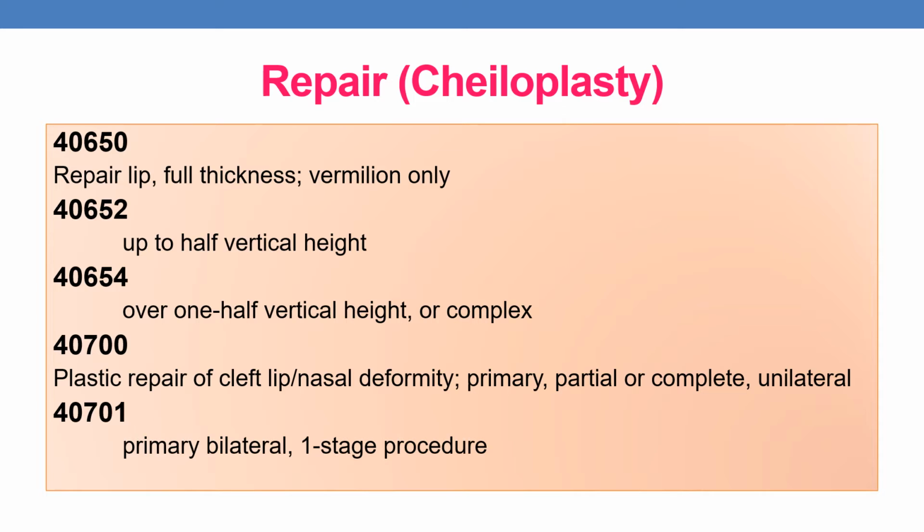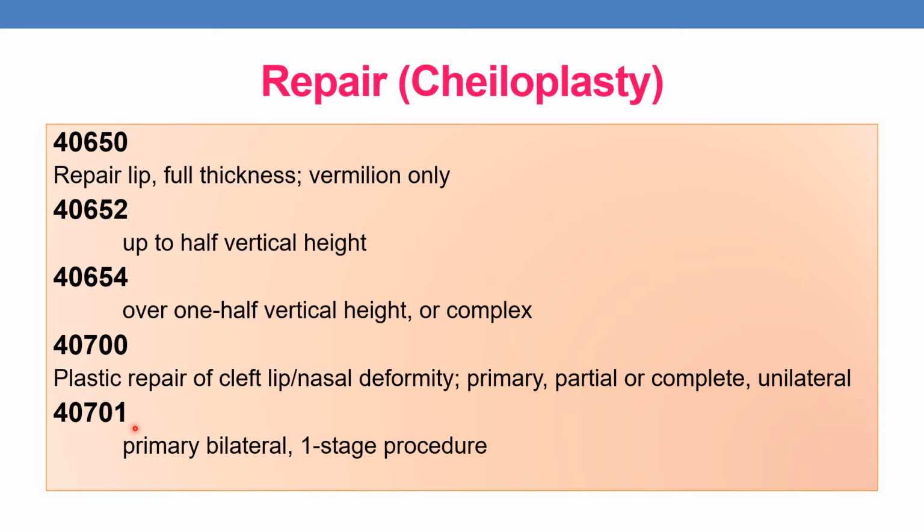The next CPT is 40700. It deals with plastic repair of cleft lip, nasal deformity, primary, partial or complete unilateral. And for primary bilateral one-stage procedure, the CPT is 40701.